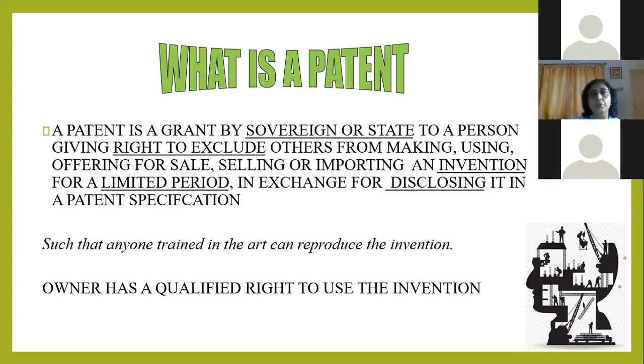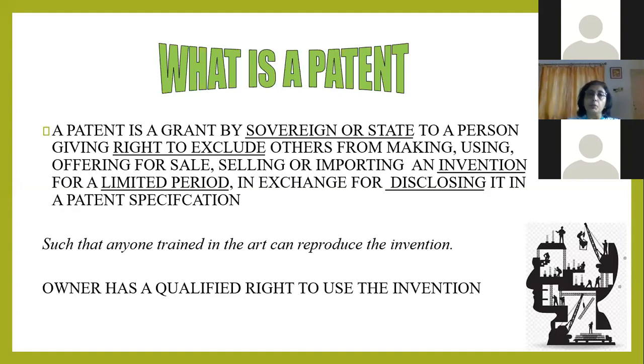And the quid pro quo is that, in return for the monopoly which the government or the statute gives, the inventors have to disclose the invention. And that is what a patent specification is. You make an invention and you disclose it, and for that invention, if it is meeting the criteria of patentability, a patent is granted.